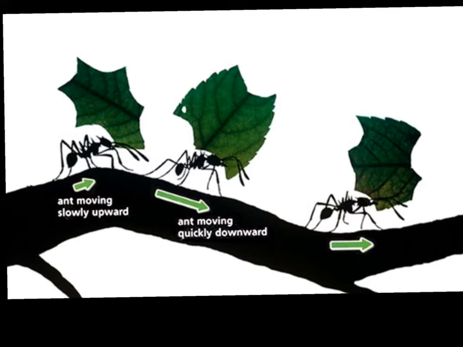So let's take a look at this picture of these ants here. This ant moving slowly uphill is going at a slow velocity in an uphill direction. The ant moving down is a quick downward movement. And then our last one is moving at a medium speed in a straight direction. So remember that velocity and speed are related, but they're not the same thing.